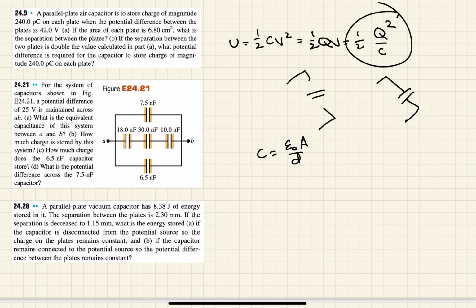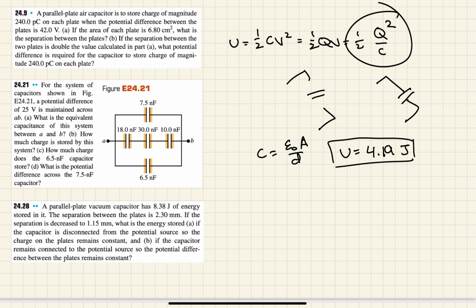But Q stays constant, so this entire thing will stay constant. Capacitance is now doubled, and so the potential energy should be halved because C is in the denominator. Your new potential energy would be half of 8.38, which is 4.19 joules.